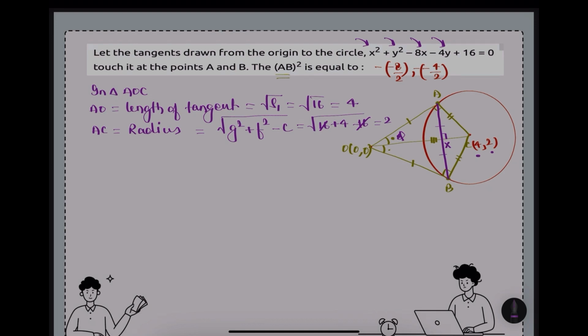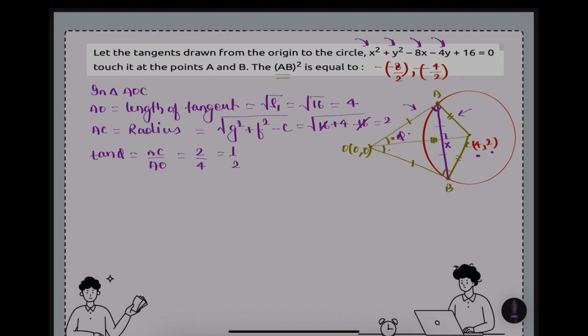Okay. Now look at this. You know it is a right angle triangle. So you know perpendicular, you know base, so you can calculate this angle. It is talking about tan theta. Tan theta is perpendicular AC by base AO. Who is AC? AC is 2. AO is 4. So 1 by 2.